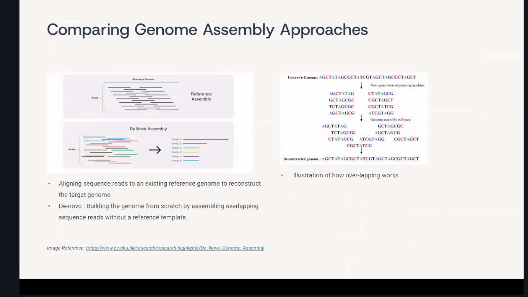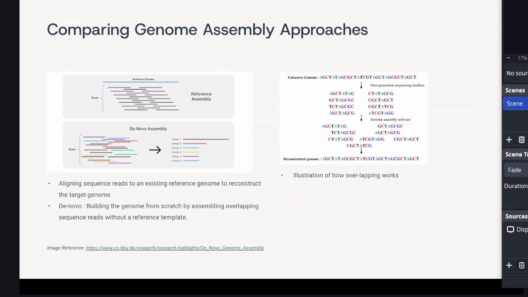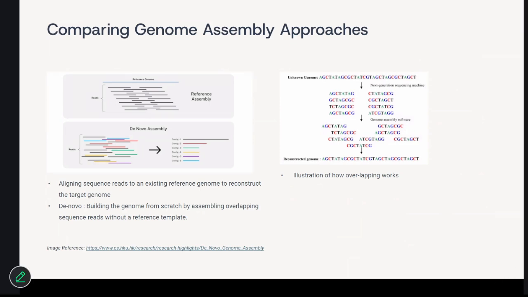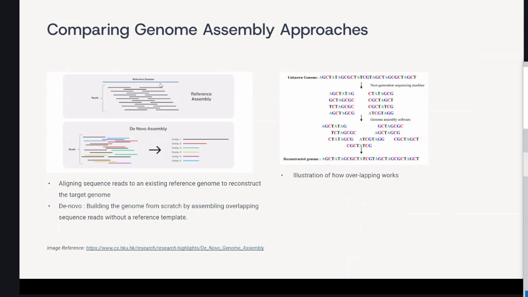Now these are the visual representations of how reference-based assembly and de novo assembly take place. You can see in the left figure, the first section shows the reference genome.